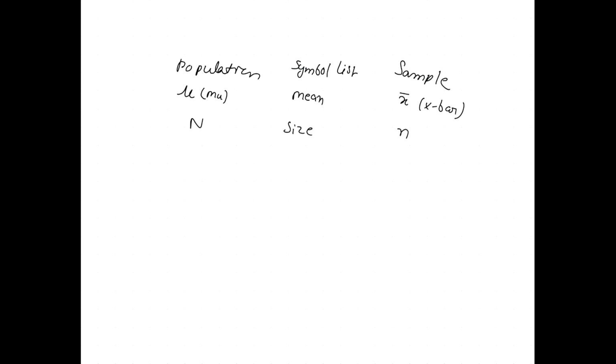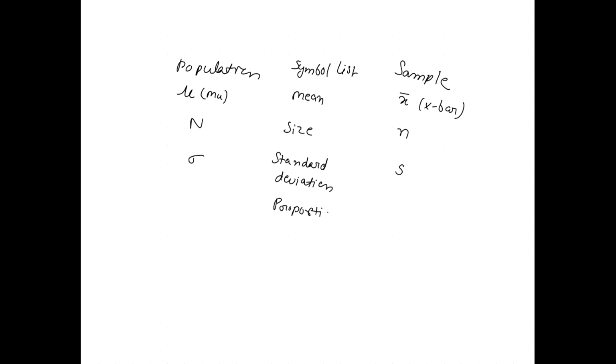Now we will talk about the standard deviation too. Its symbol, in case of population, is sigma. And in case of sample, it is going to be small s. Then you have the proportion.